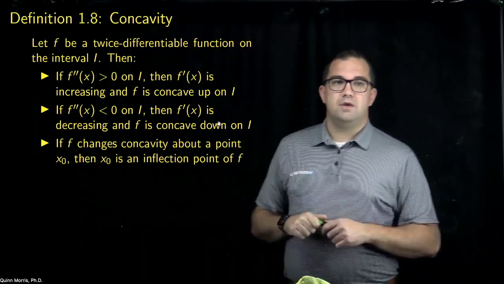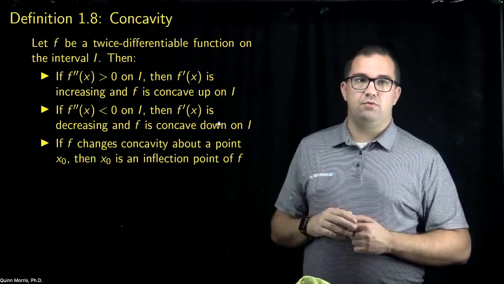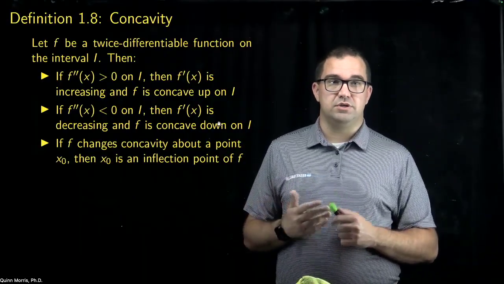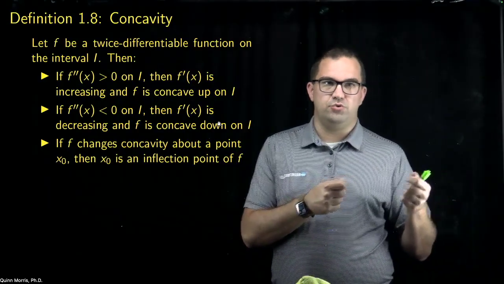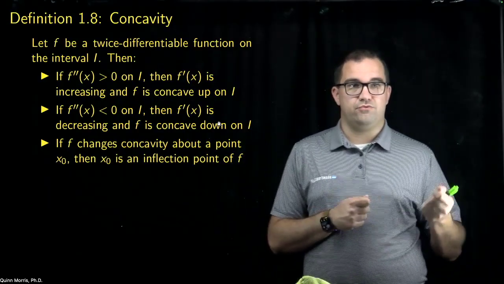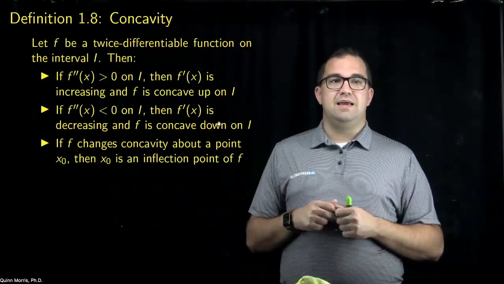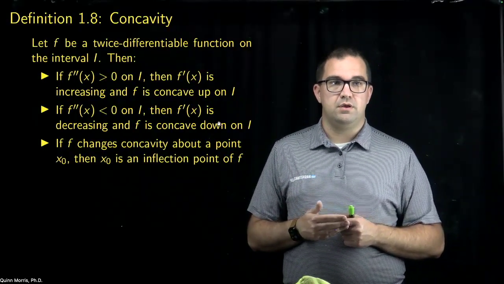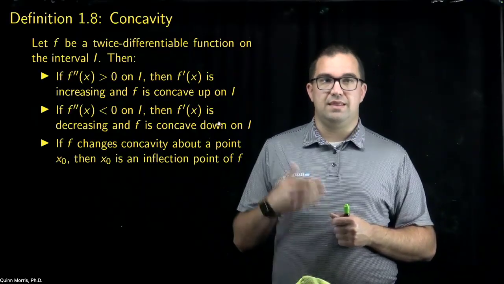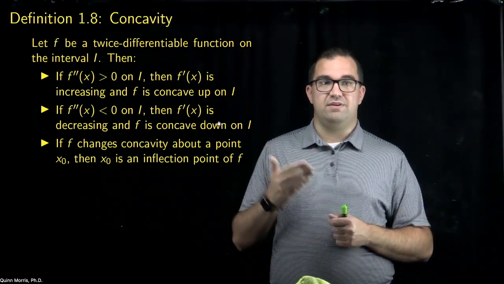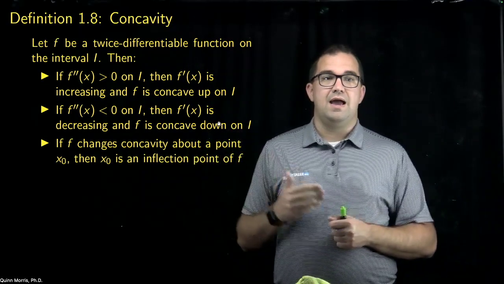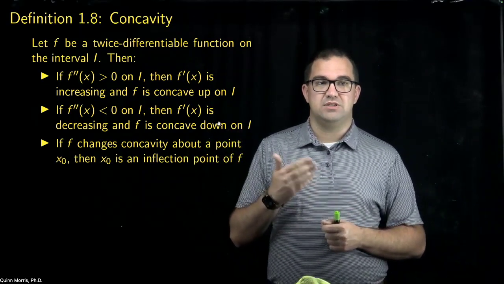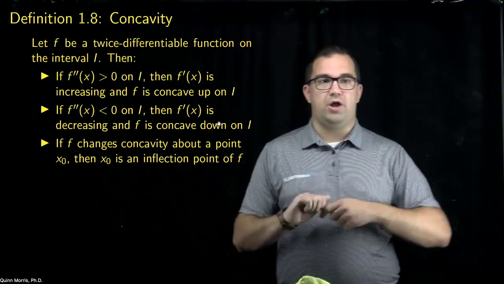Okay. So if we take a function f which is twice differentiable, so we can take the derivative 2 times at every point in some interval I, then if the second derivative is positive on that interval, that would imply that the first derivative is increasing, and therefore we say that f, the function itself, is concave up on I.